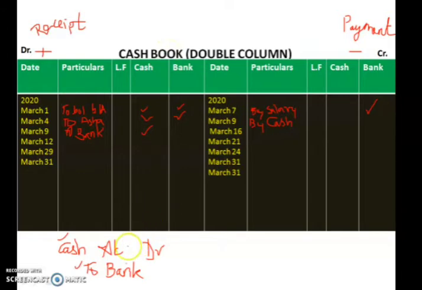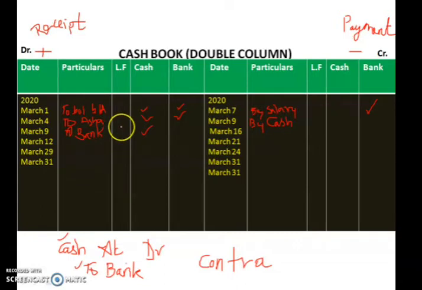Do you know what these transactions are known as? When both the entry is made using one particular account, or book, it is known as contra entry. Contra entry. Such entries are known as contra entry because with one particular account, cash book, you are recording both cash as well as bank.